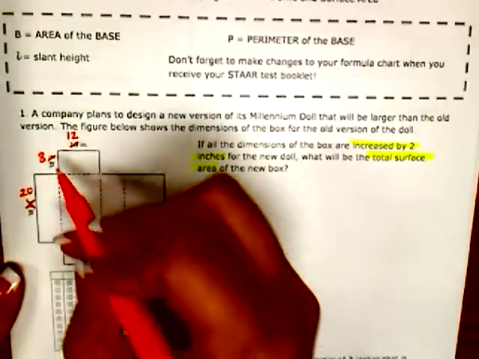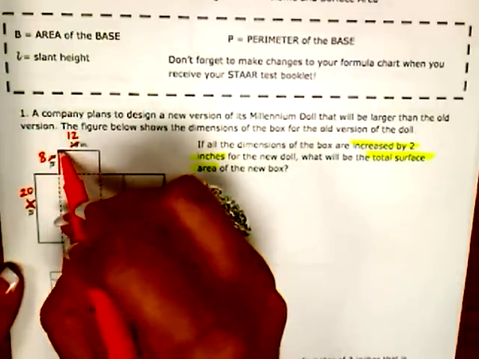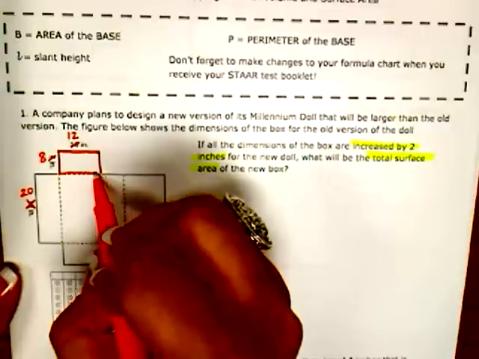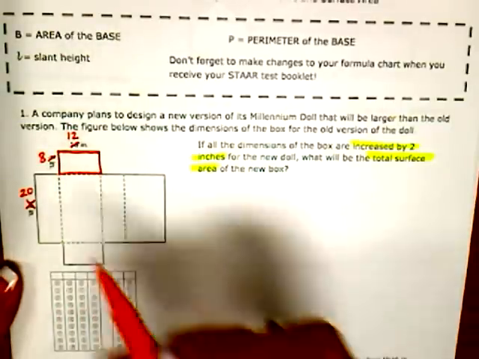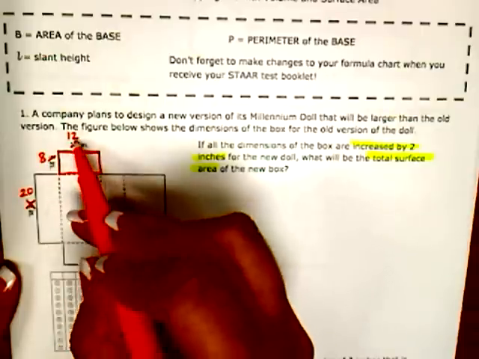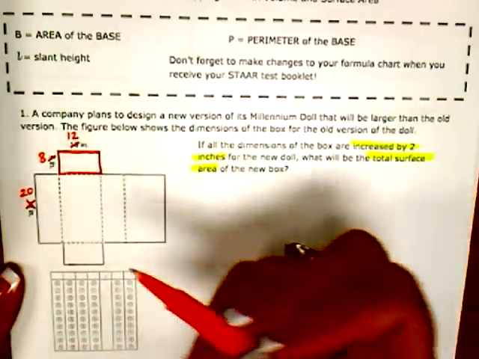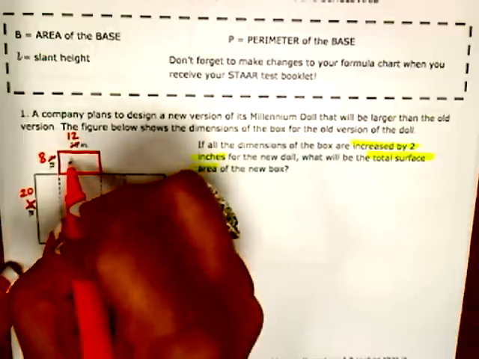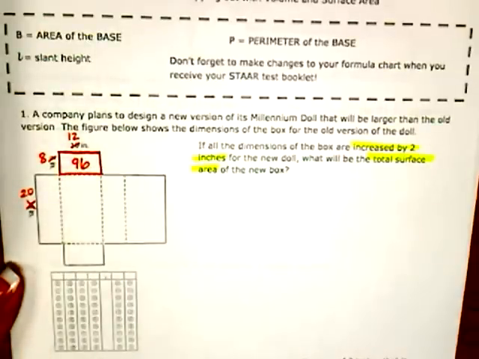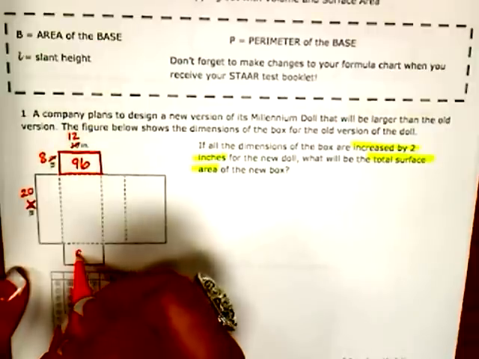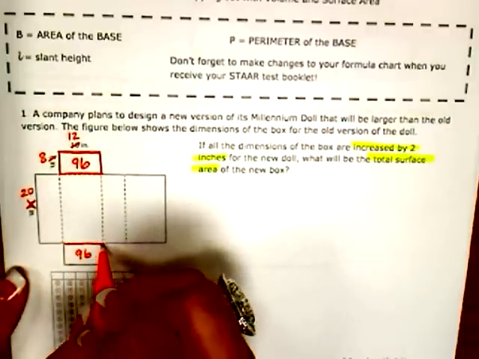So I'm going to look at one rectangle at a time. So I want to look at this rectangle there, and that rectangle has a length and width of 8 and 12. And to find the area of a rectangle, it's going to be 8 times 12, or 96. So that rectangle has an area of 96. I also have this rectangle down here that matches it.